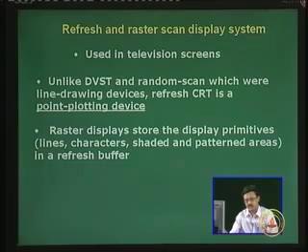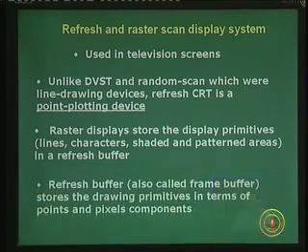We talked of these display output primitives in the introduction part of the lecture, as the primitives used for graphic standards or graphic software, and these are stored in the refresh buffer and implemented by a point plotting device. So, we plot points corresponding to these display primitives.